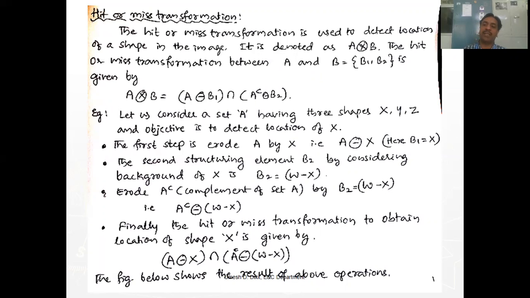If an image contains a lot of shapes, the location of a particular shape can be obtained by using hit or miss transformation.